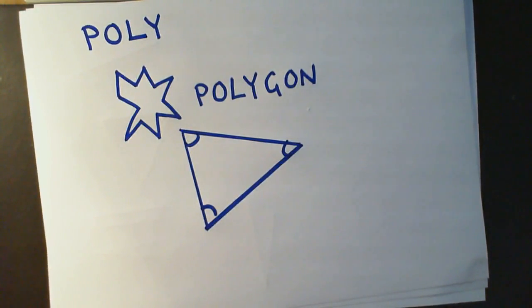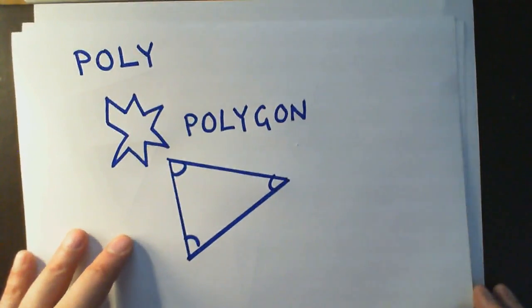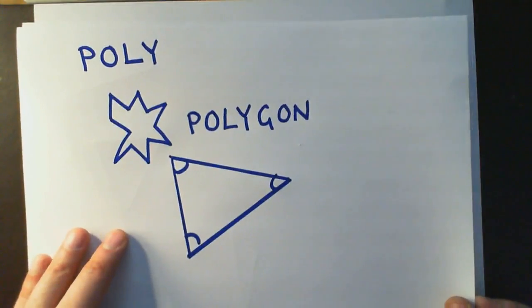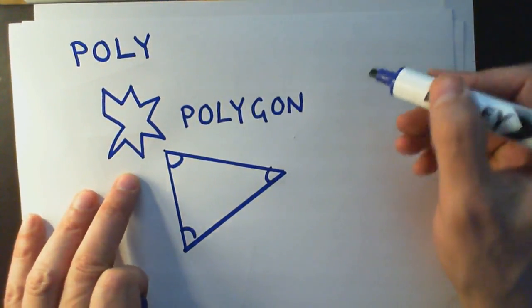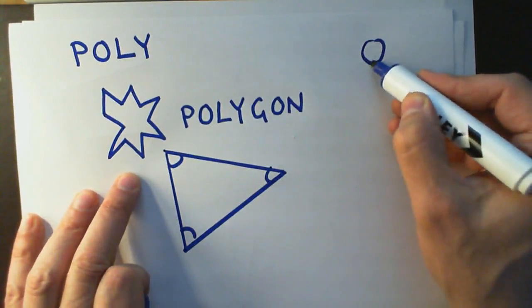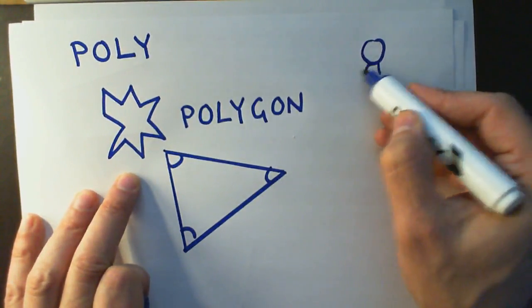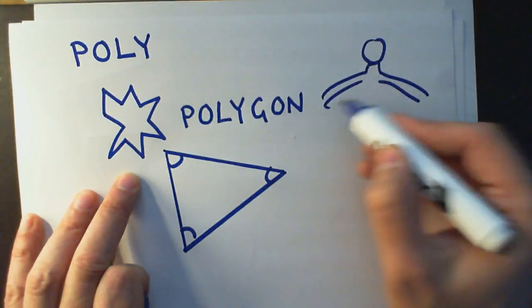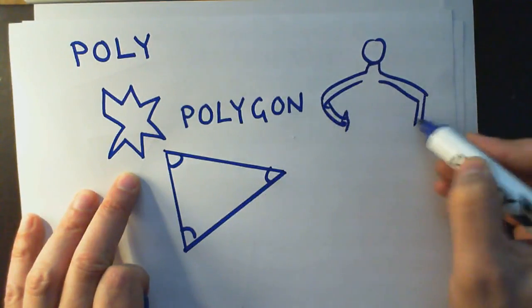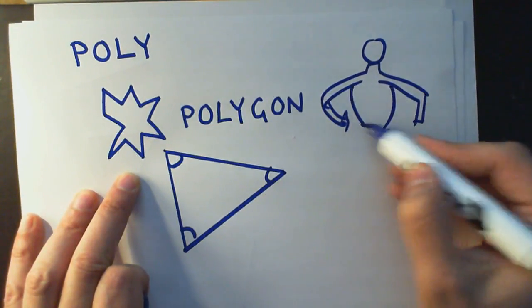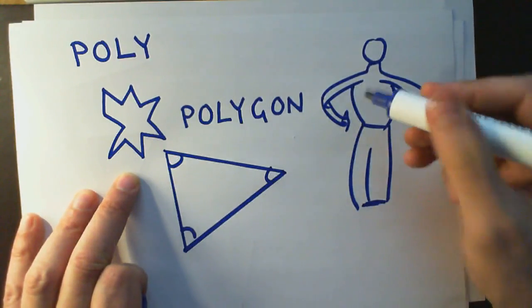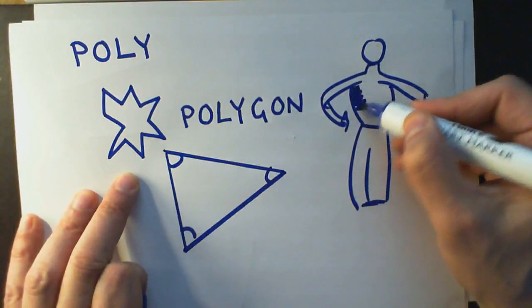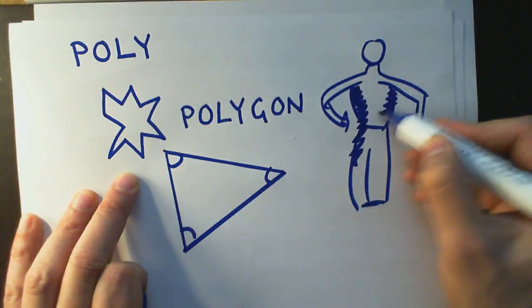Right, let's go on with the words we need. Now, we have some Latin words we need. One word that we need is the word for side. Right, here's a person. Let's draw him, or her, as the case may be. Right, there he is. And he has 2 sides. Here's one side, and here's the other side.